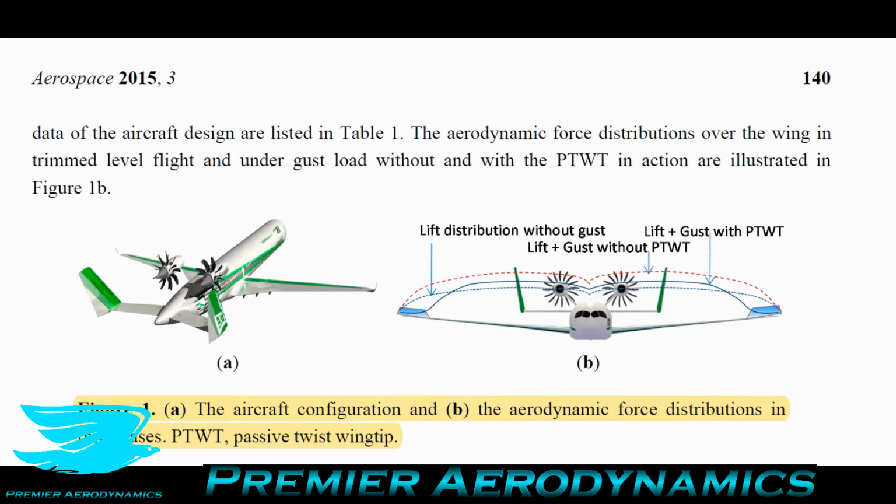So you don't want lift being produced near the wingtips. And interestingly, the lift with the passive wingtip twist has very little lift generation at the wingtips. So I suspect that this will actually reduce the induced drag a lot as well. So that's another added benefit of this device. Now, obviously, this is during a gust, and that's not cruise conditions, but it is still a little bit of a benefit, at least.